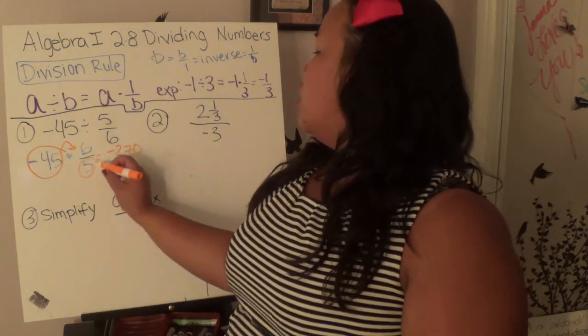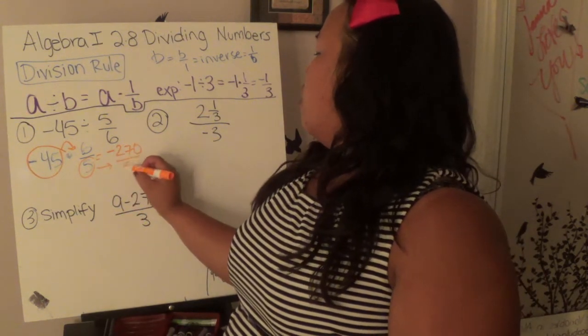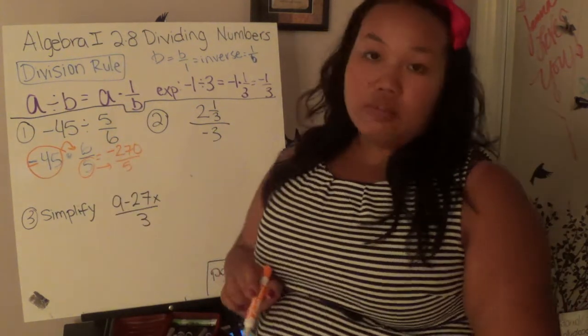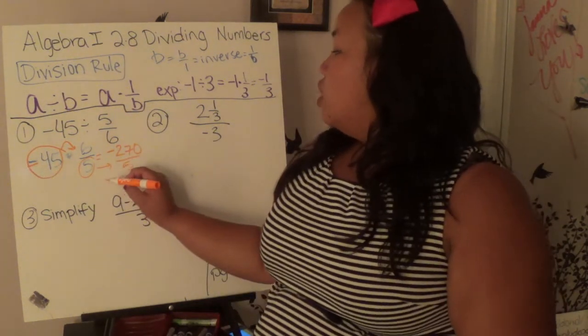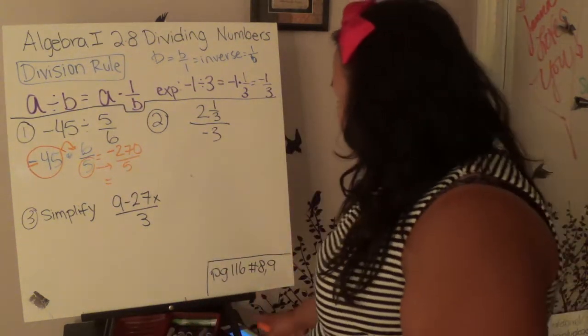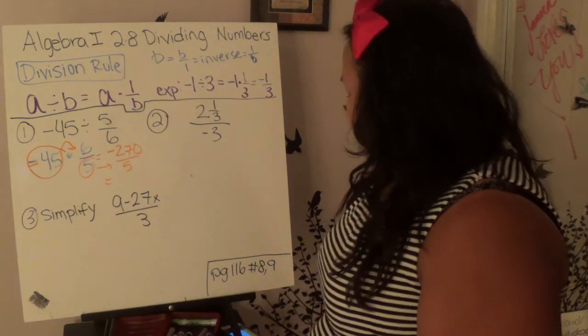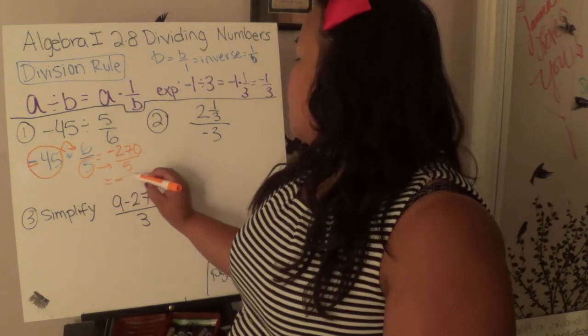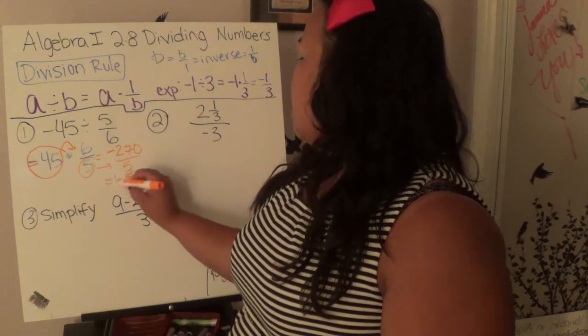And I'm just going to bring the denominator over. Okay, that negative, don't forget, so it's negative 270. So negative 270 divided by 5, if it's a whole number, then I need to leave it, should give me 54. So I'm going to bring that negative down, negative 54.